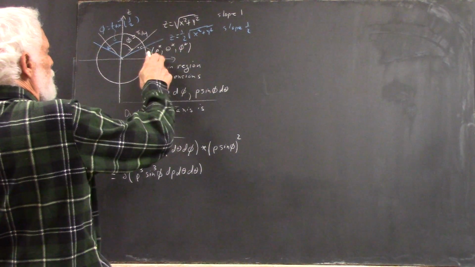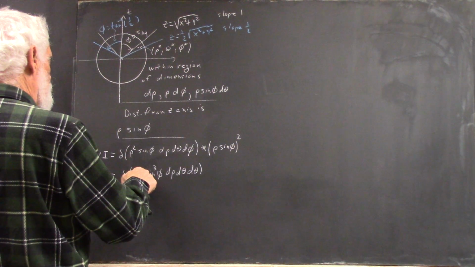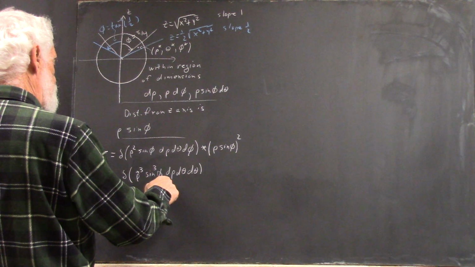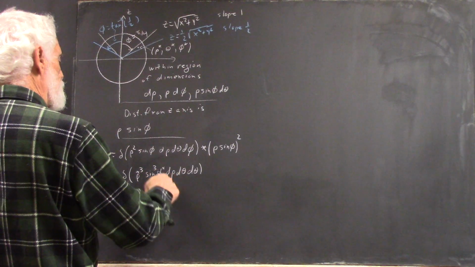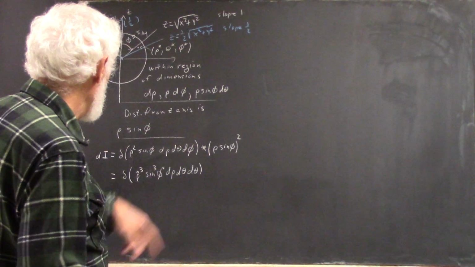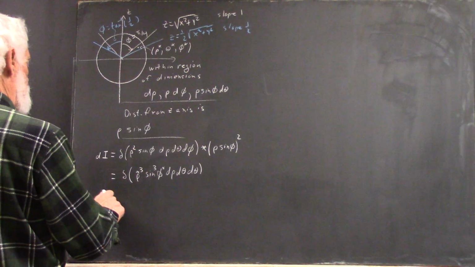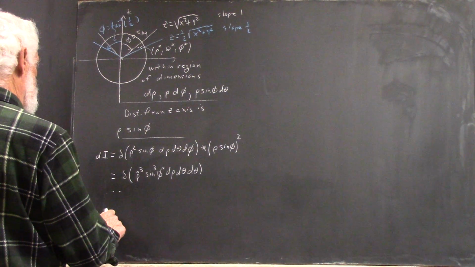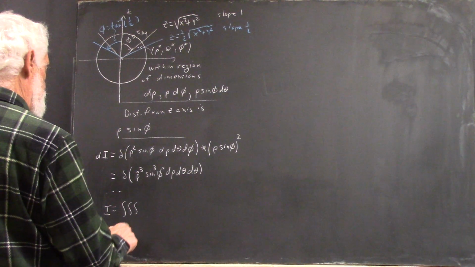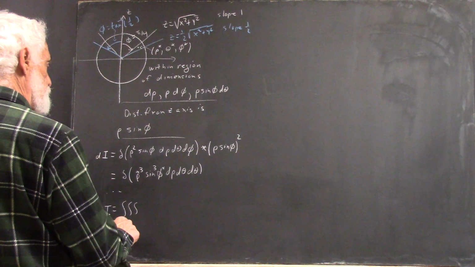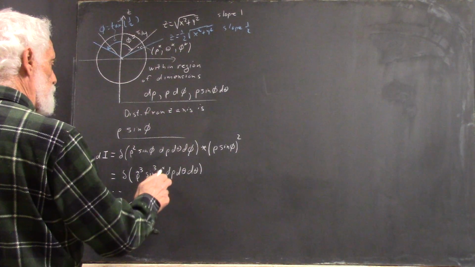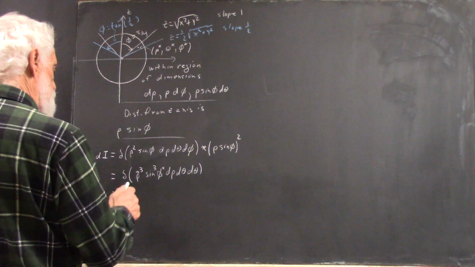And if we're talking about sample point rho star, rho star cubed and sine phi star, theta is going to go from 0 to 2 pi, so I'm just going to get a 2 pi out of it. Okay, and from this we find that I is going to be the integral, and we'll just integrate in this order.